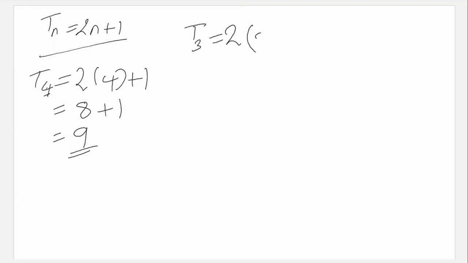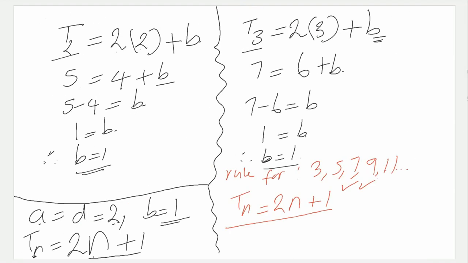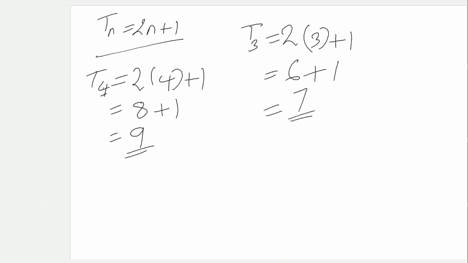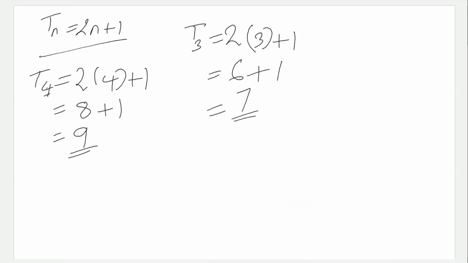2 multiplied by 3 plus 1, which is 2 times 3, which is basically 6, plus 1, which gives me 7. And we know that our T3 is 7. So that's how you calculate the general rule for a linear number pattern.